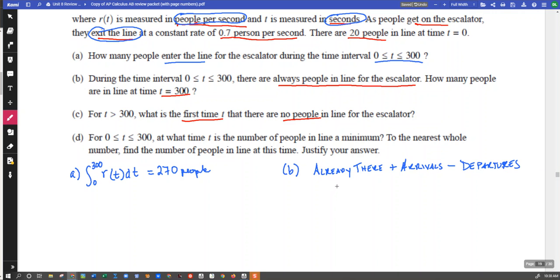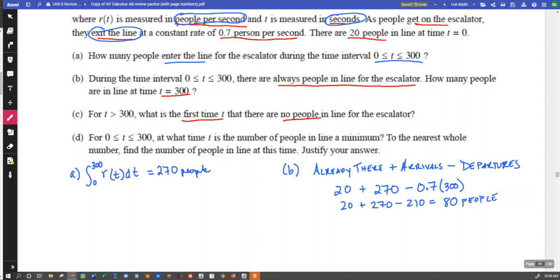Already there is 20. Arrivals was 270, and the departures is 0.7 per second over 300 seconds. So that would be 20 plus 270 minus 210, which would be 80 people. So there are 80 people in line at time t equals 300.